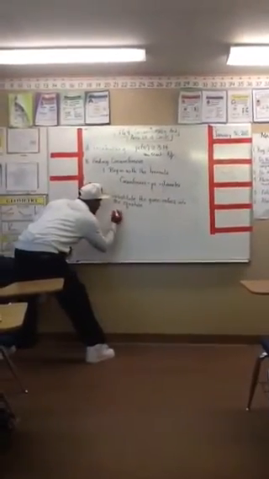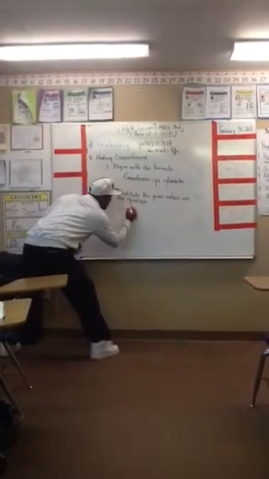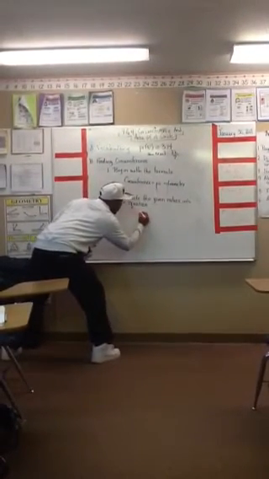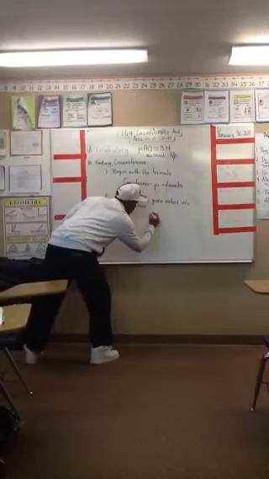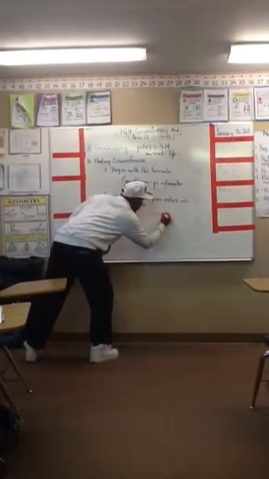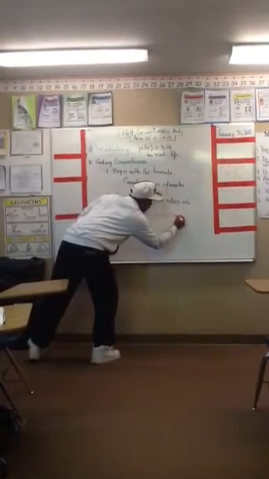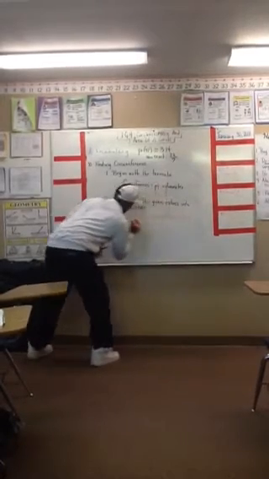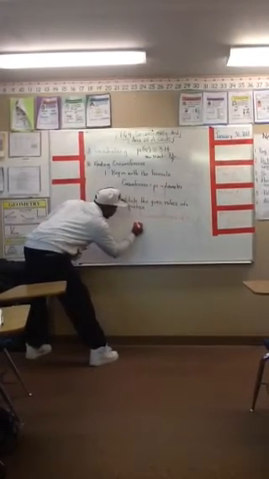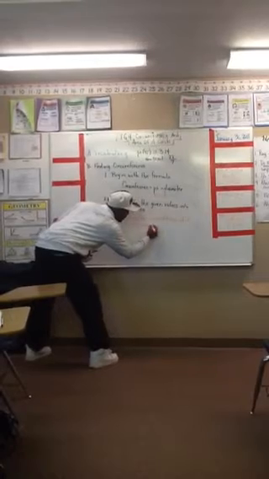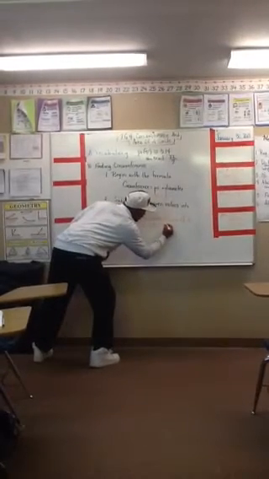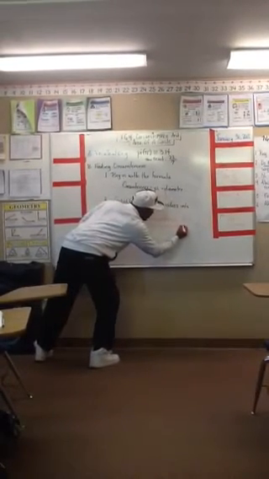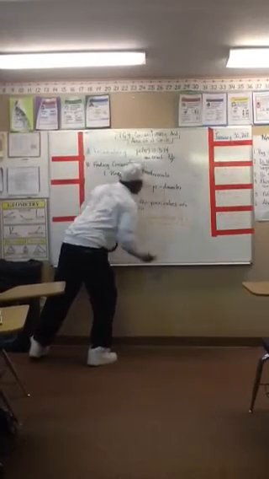You might have an example that says, find the circumference of a circle whose radius is 12 centimeters.